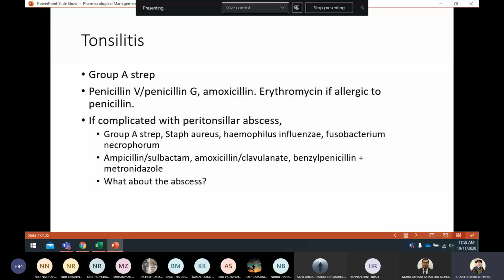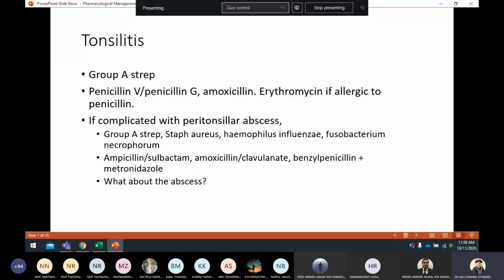But if tonsillitis is complicated with a peritonsillar abscess, then you have to consider other organisms as well. So it's not just group A strep, it may be Staph aureus, which can still be treated with penicillin, and then you have to consider Haemophilus influenzae and Fusobacterium necrophorum.